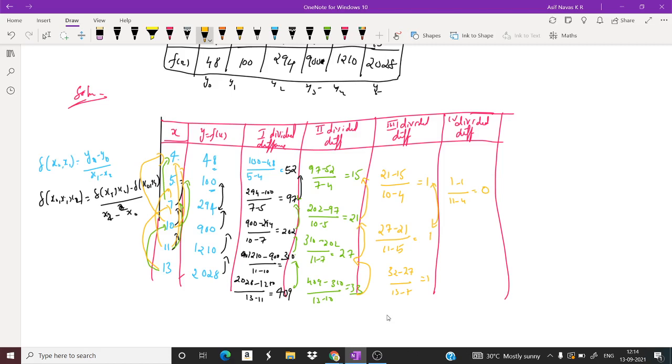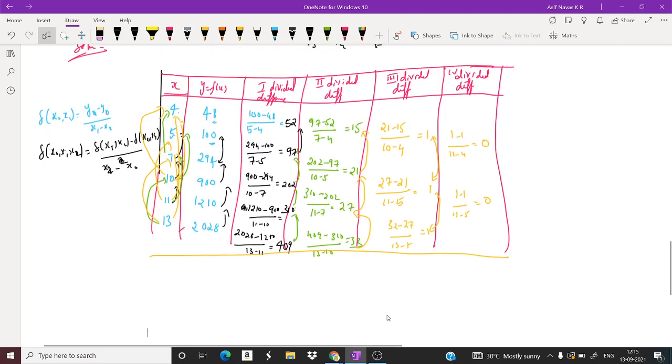This is 0. Similarly, 1 minus 1 divided by 13 minus 5. This is 0. So we get the last column completely 0.